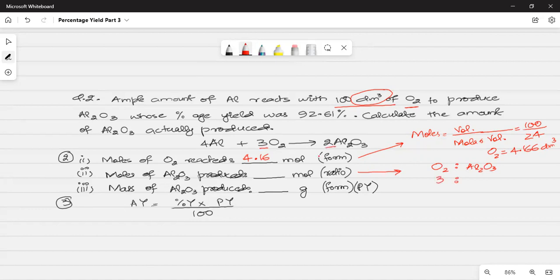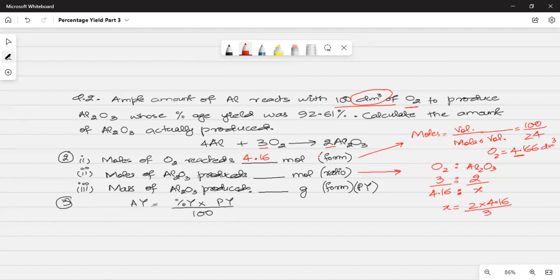Al2O3 is 2, so I'm going to write it as 2. But my question says it is not exactly 3, it's 4.16, so I'm going to write 4.16 over here. And this is the one I need to find. So let's put the division symbols and rearrange them. X would be equal to 2 multiplied by 4.16 and divided by 3. That's how it's going to be.